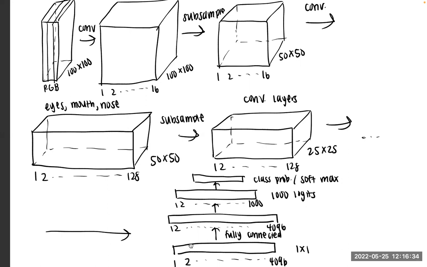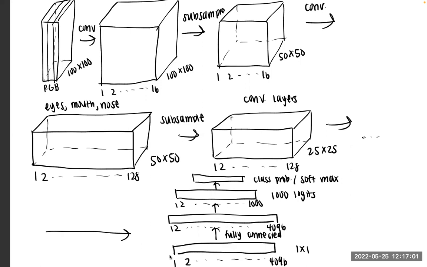Suppose you get a 4,000 dimensional vector from this map, then this one is computed by a linear combination of all the 25 by 25 vectors, or in other words, a linear combination of all the values in this layer. Okay, so now we get a vector.